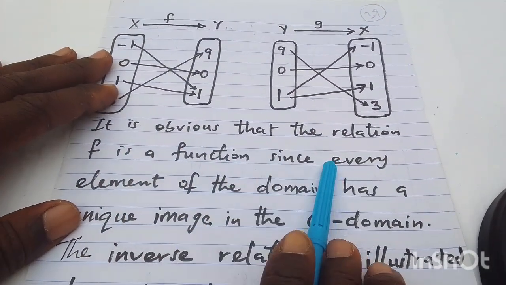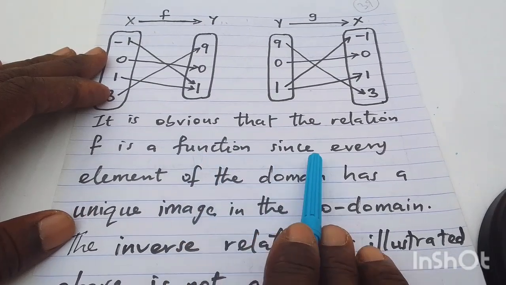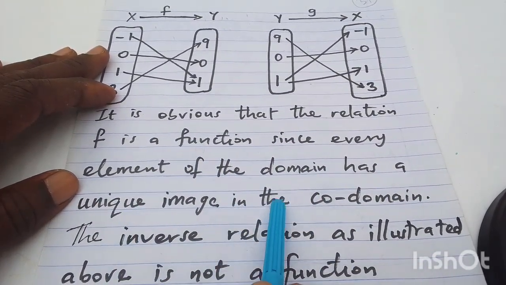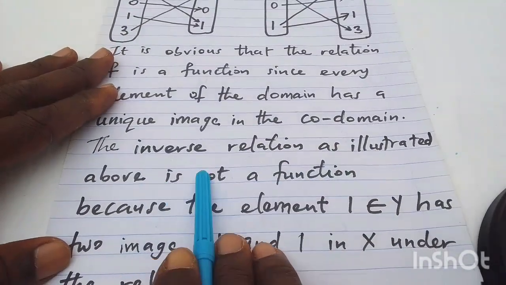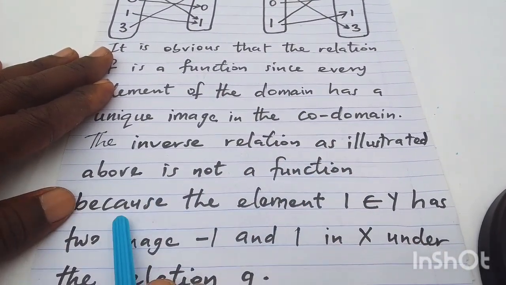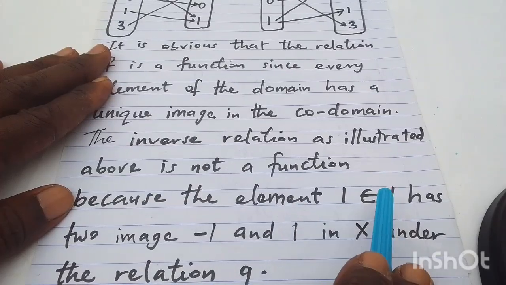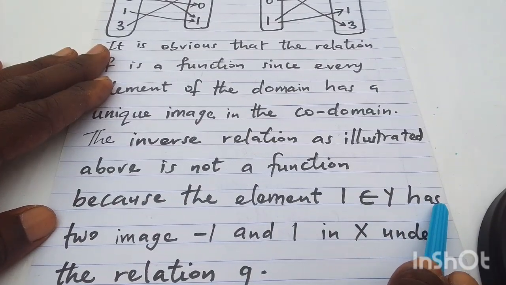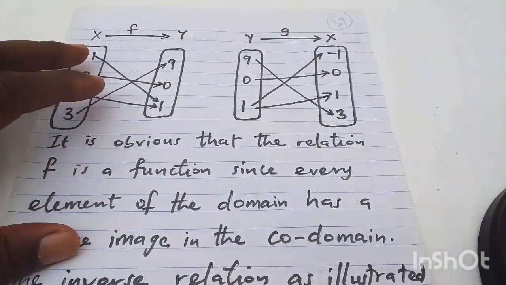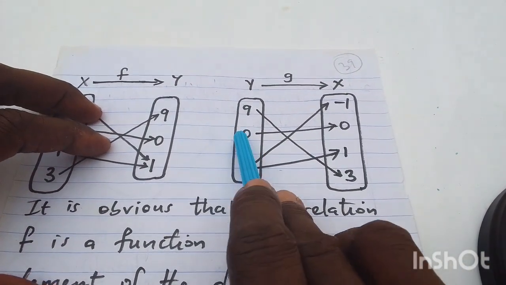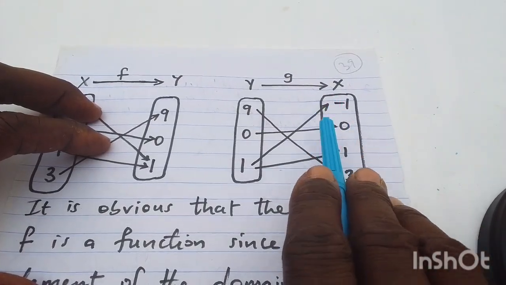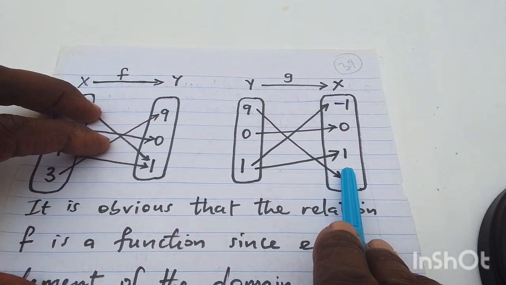It is obvious that the relation f is a function since every element of the domain has a unique image in the codomain. The inverse relation illustrated above is not a function because the element 1, a member of y, has two images, minus 1 and 1. So this could disqualify it as a mapping.